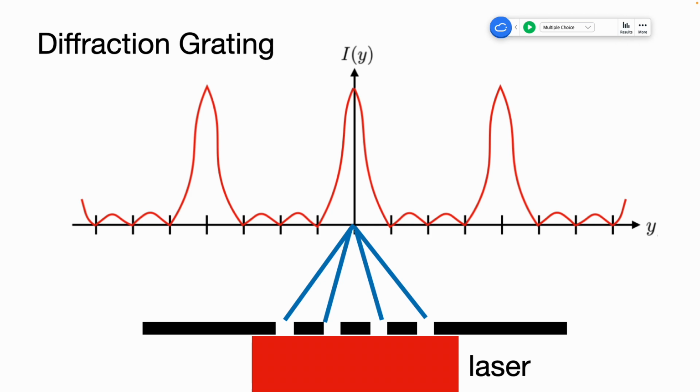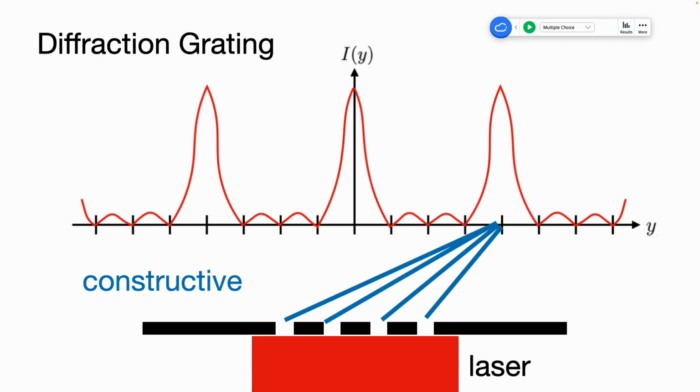And at the side, they still form constructive interference by hitting the 1 lambda criterion. So the paths between these slits to the point on the screen all differ by 1 wavelength. If you have 1 wavelength of difference, they have constructive interference, and they all sum up to a high peak over there.